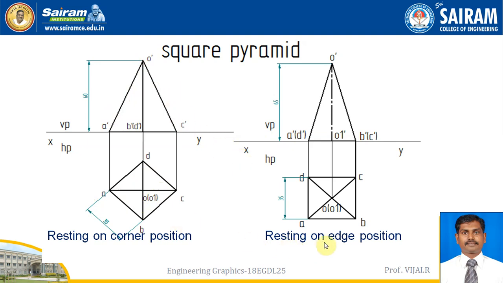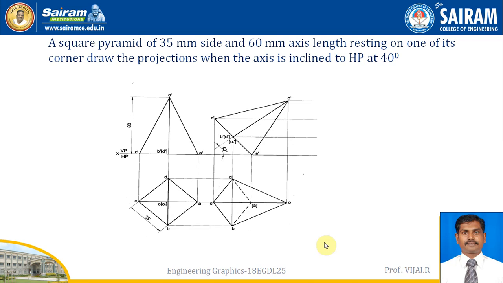This is resting on corner position, this is edge position, and it's a simple problem: when the axis is inclined to HP, draw the projection of a pyramid resting on one of its corner. So as I said, corner position, draw the view, inclined this.